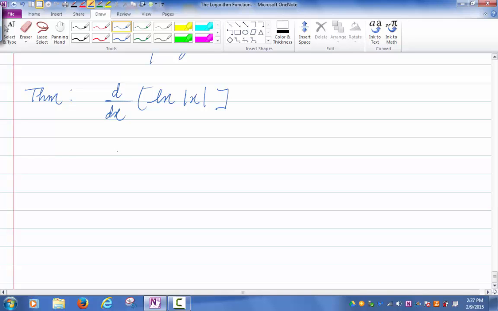Well, ln of absolute value of x. First of all, what's the domain of this function? All reals except 0.